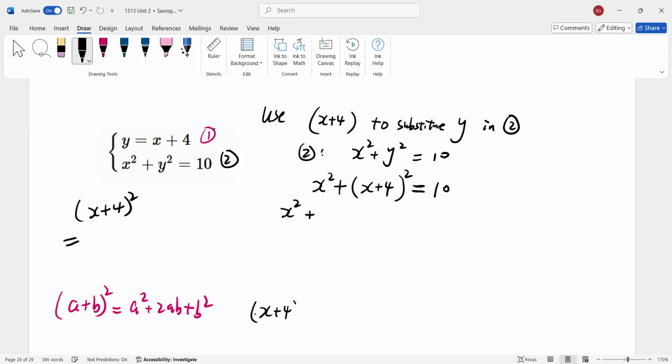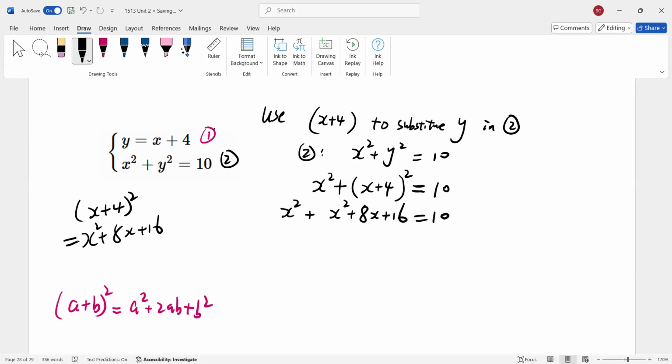X plus 4 to the power of 2 is just x plus 4 times x plus 4. Whatever method works for you, you can do that. I use the formula because it's faster, right? x squared plus 8x plus 16. So I have x squared plus 8x plus 16 equals 10.